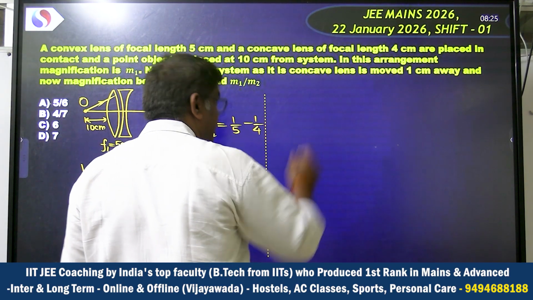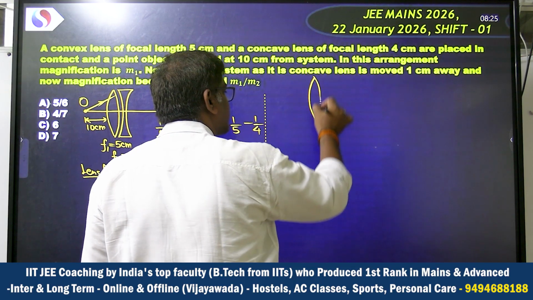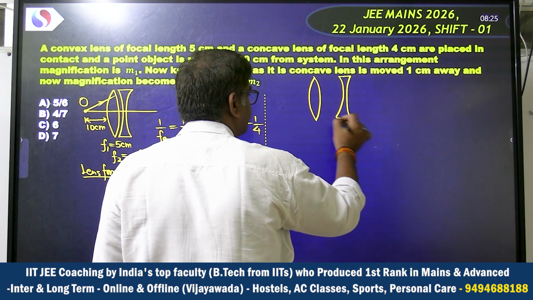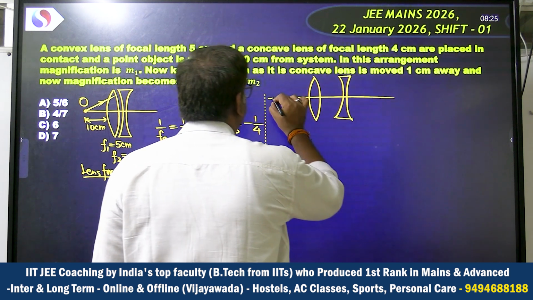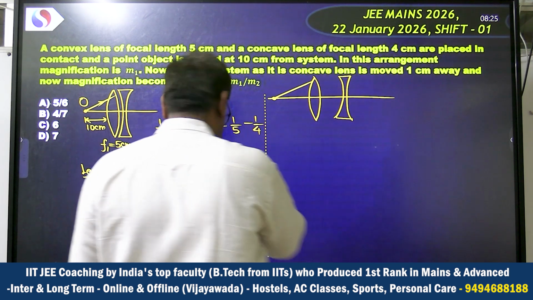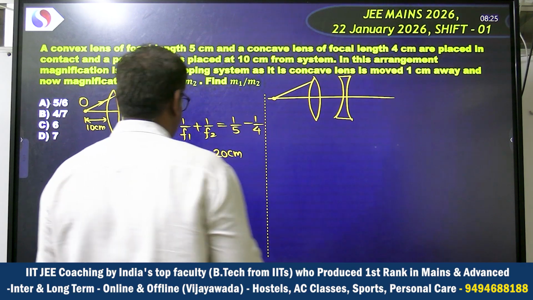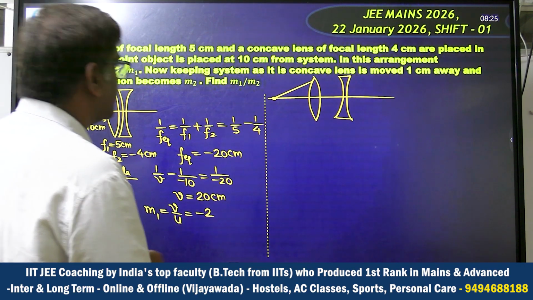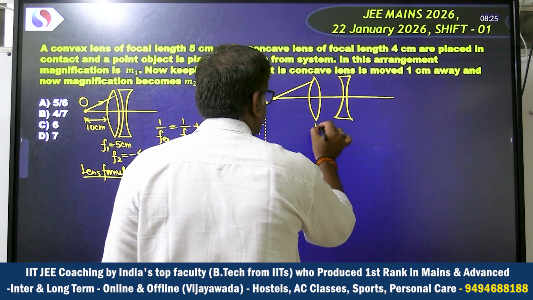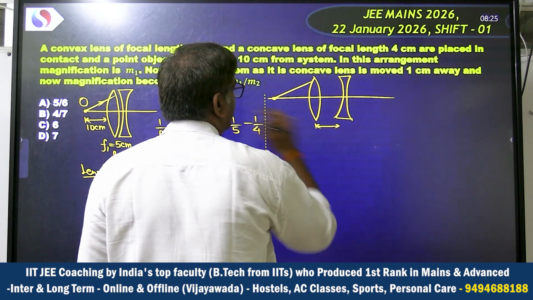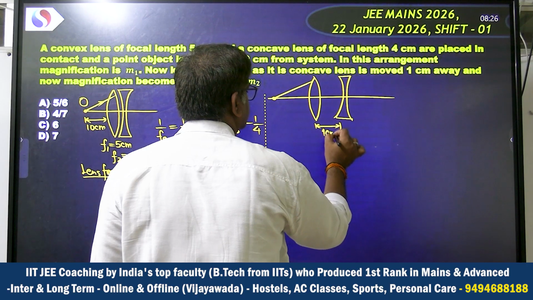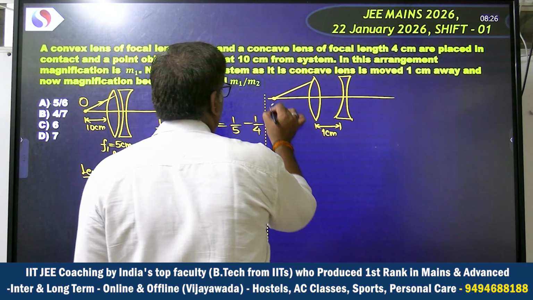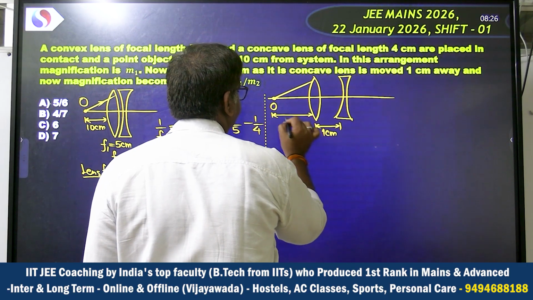In situation 2, there is a convex lens and now the concave lens is moved by 1 centimeter, away from the convex. Now the magnification becomes M2.